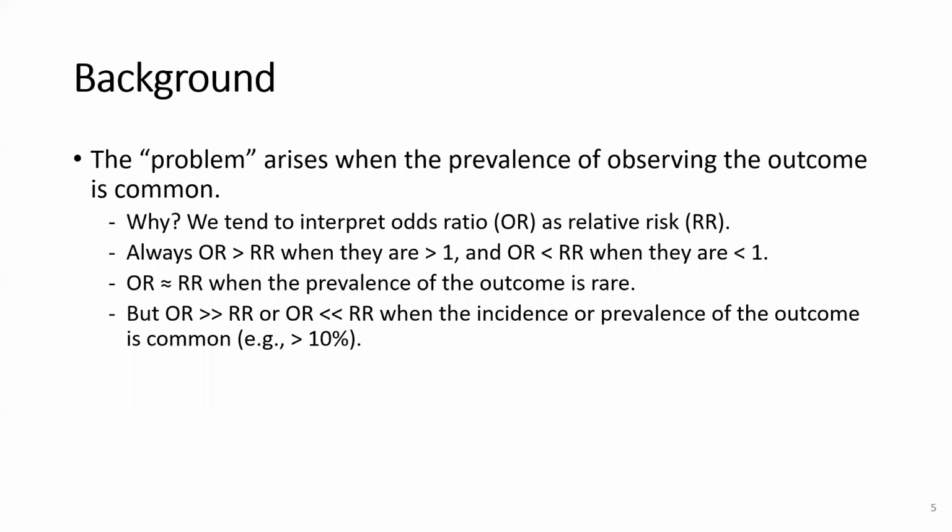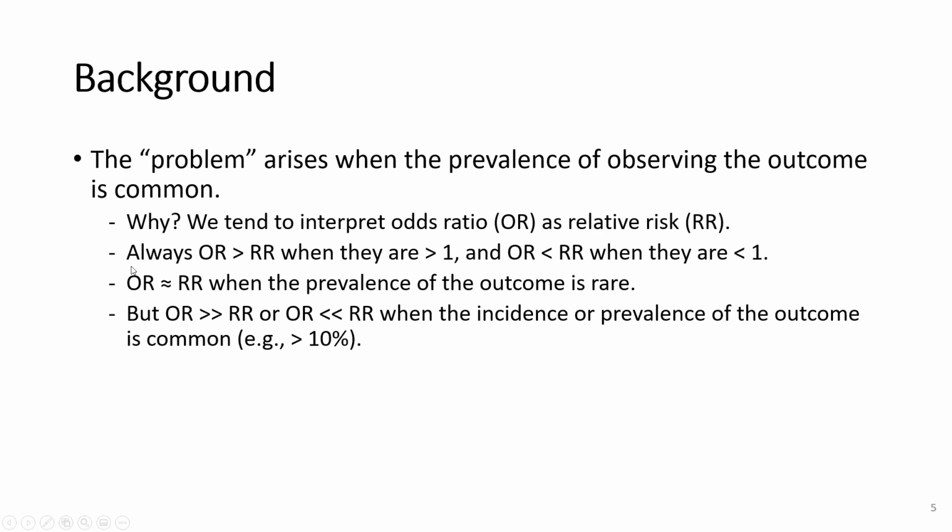And then the common problem arises when the prevalence of observing the outcome is common. Why? The problem is we tend to interpret odds ratio as relative risk. And in fact, mathematically, odds ratio is always greater than relative risk when they are more than 1, and odds ratio is always smaller than relative risk when they are less than 1.